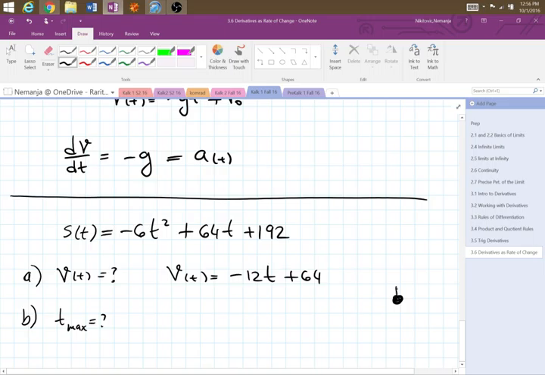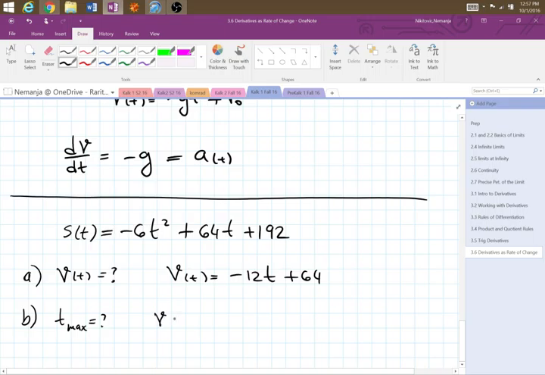The stone is thrown upward, and then it's going to stop, and then it's going to go back down. One more time: it goes up, stops, and then goes back down. It stops at the max, which means that the velocity in y is 0. So by knowing that, we set our velocity function to 0, and the time we find is the one where we are reaching the maximum.